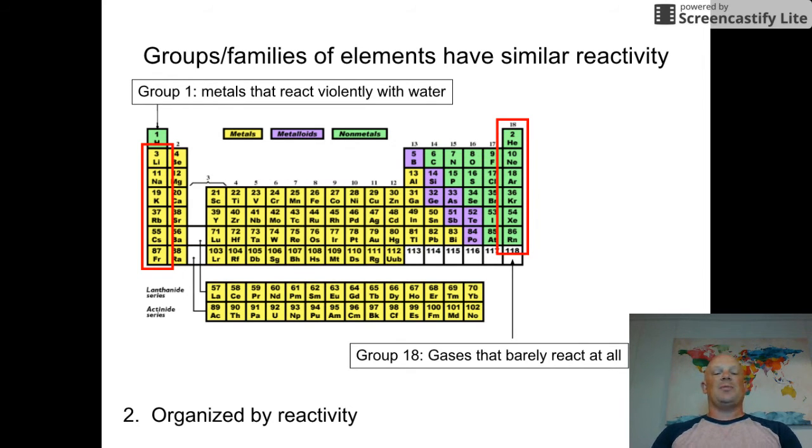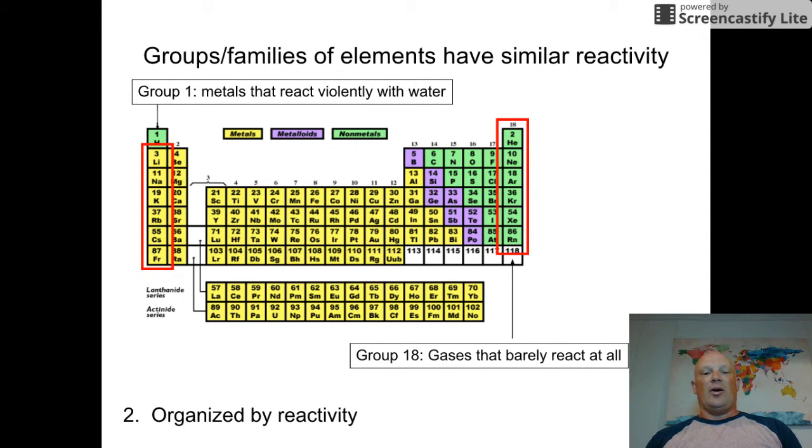They're also organized by reactivity. This is one of those characteristics that repeats itself. Reactivity just means how well it bonds with other things, how well it reacts with other chemicals or elements. So you see group 1, they're metals that react violently with water. They have a big reaction when they come into contact with water.